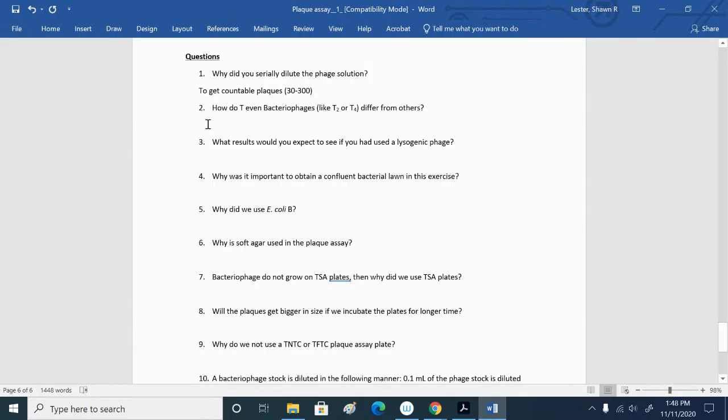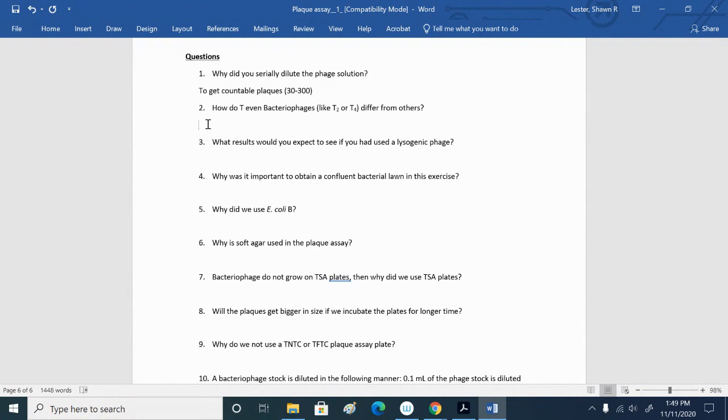How do T-even bacteriophages like T2 or T4 differ from others? Well, you tell me, how are bacteriophages different from the other viruses we've talked about? They have a really complex structure. Right, the bacteriophages are complex viruses.